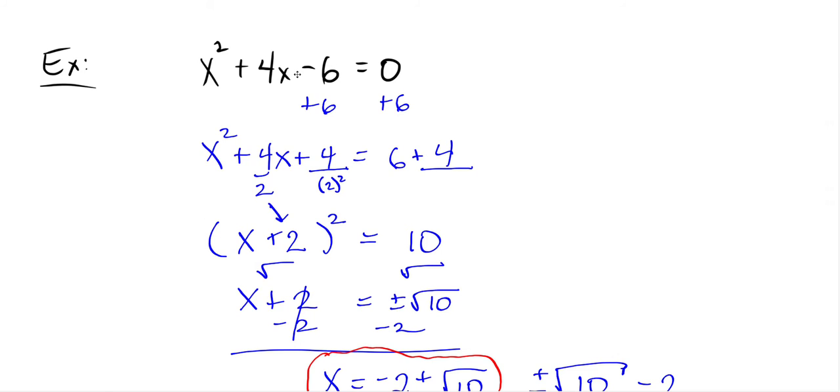If I decided to leave this -6 there, and I know that this needs to say plus 4 to be correct, if you're okay knowing that you would have to add 10 to both sides to make it plus 4, you could do that. And you wouldn't have to move the number.